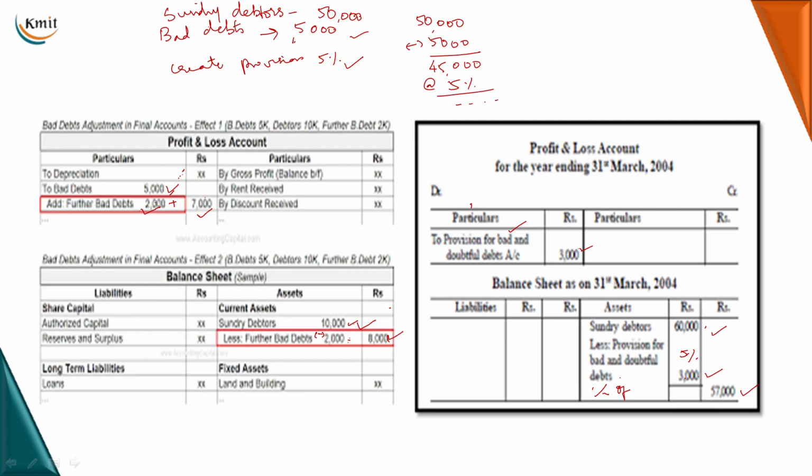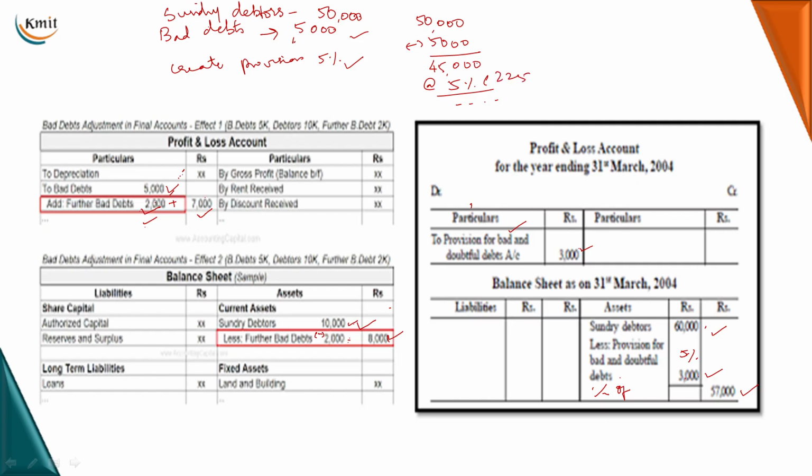So the final amount will be your sundry debtors. Whatever the amount is at 5%, that same amount has to be entered on the debit side of the P&L account, and the relevant adjustments are to be done to the sundry debtors. This is how this will be done.